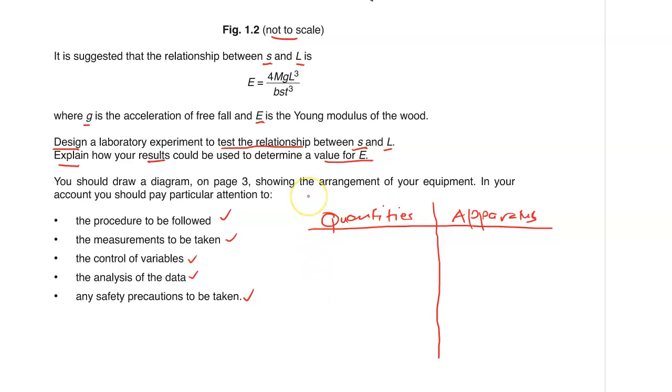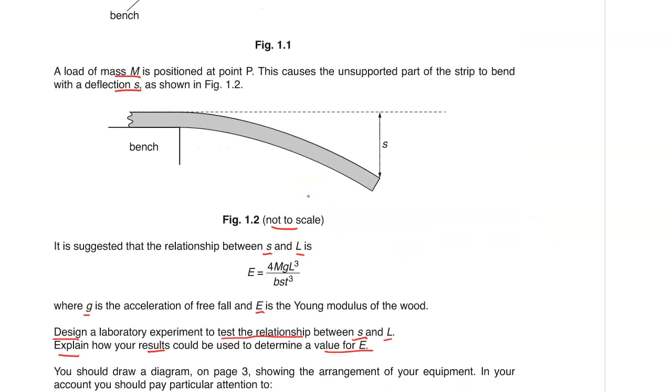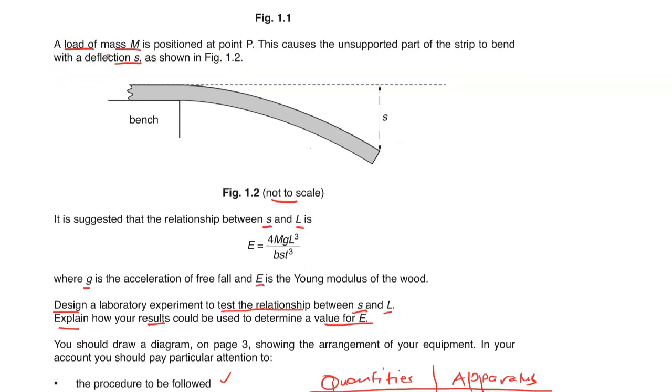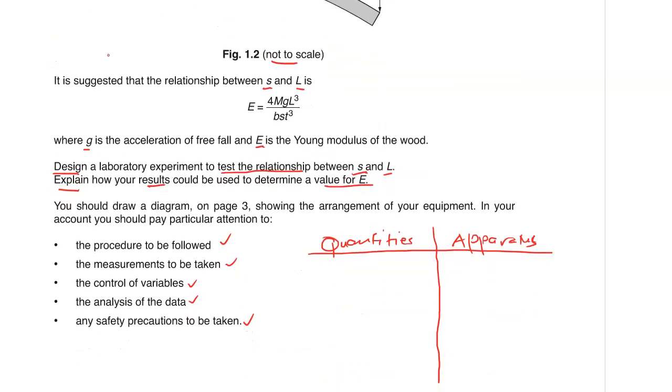So here we have the load which has got mass M. So the first quantity is mass M. You need to measure mass M. Which is the best apparatus to measure mass M?